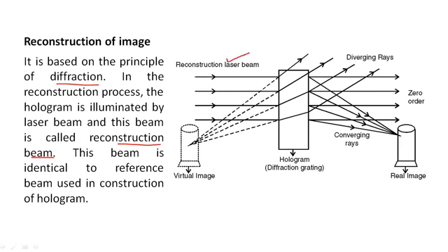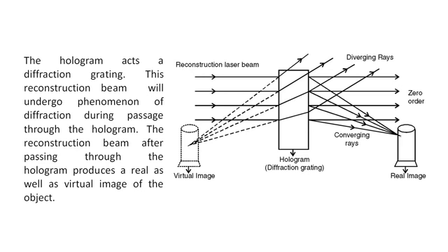This beam is identical to the reference beam used in construction of the hologram. The hologram acts as a diffraction grating. Now, what is basically a diffraction grating? A grating is an arrangement consisting of equidistant, opaque and transparent parallel lines that you must have learned in the diffraction chapter of your lower class.